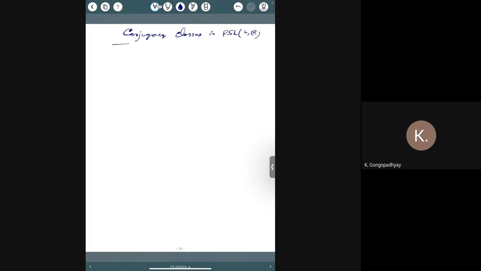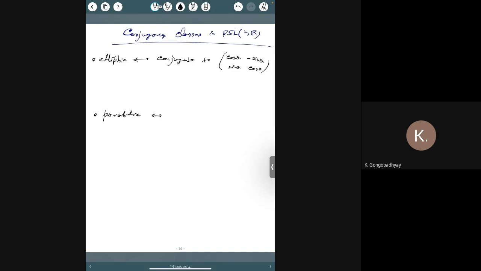Elliptic if and only if it is conjugate to (cos theta, minus sin theta; sin theta, cos theta).